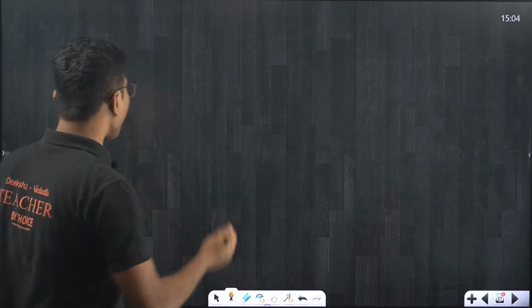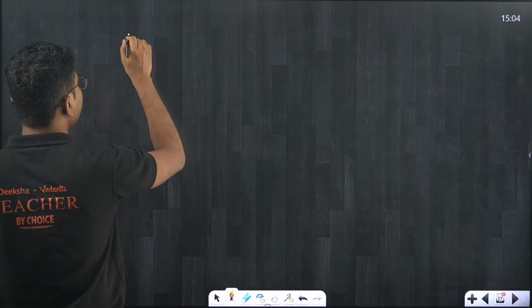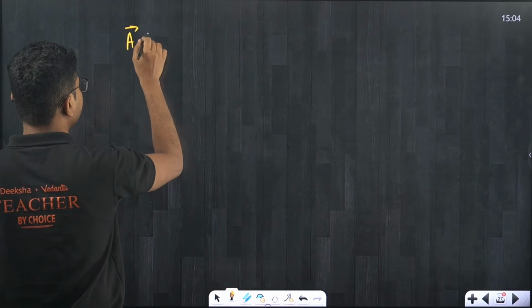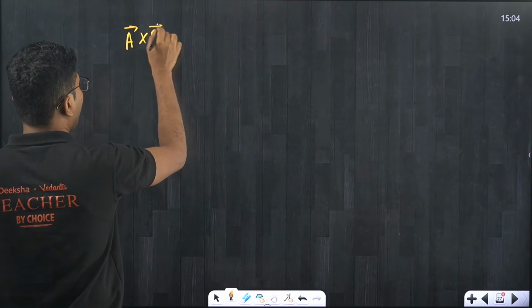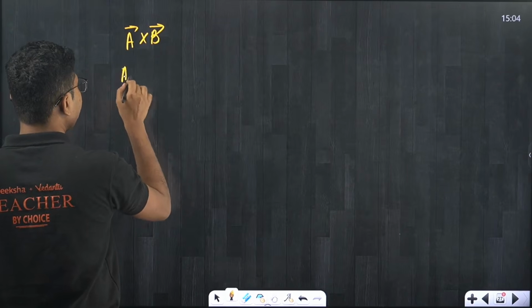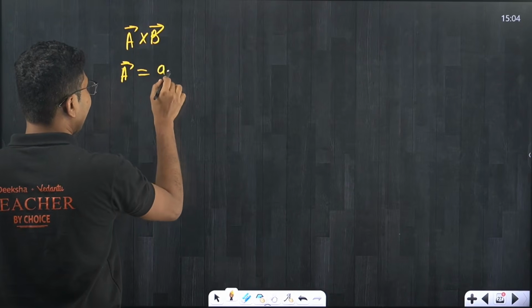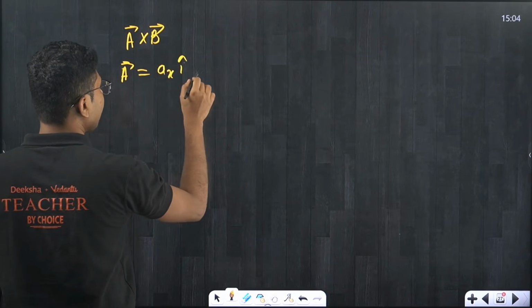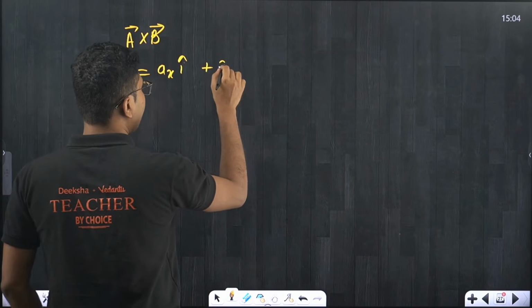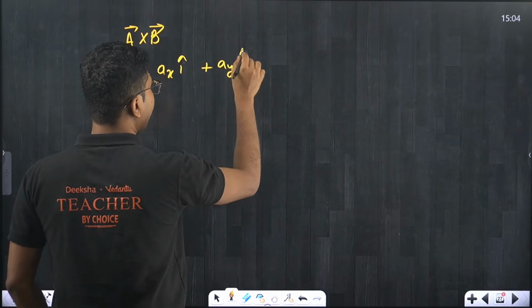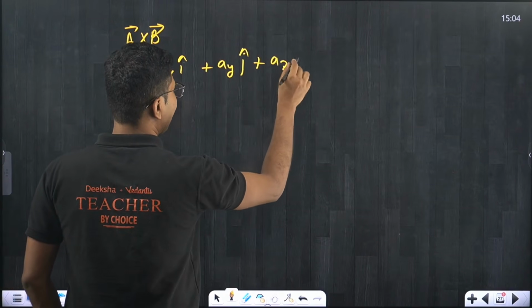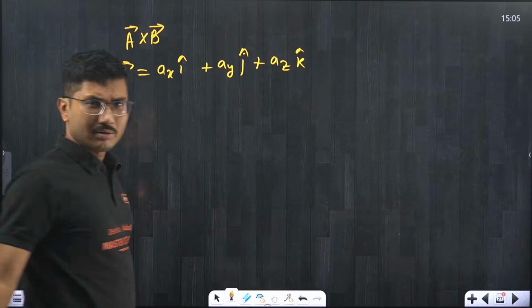Now to find the cross product, suppose we are doing A cross B, and A is given by AX i cap plus AY j cap plus AZ k cap. One of the components can be 0.